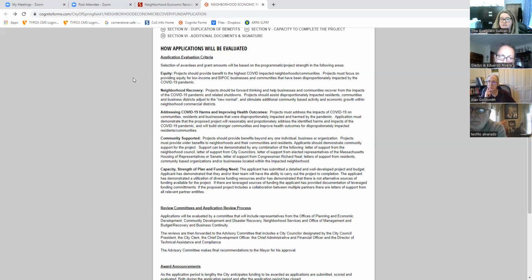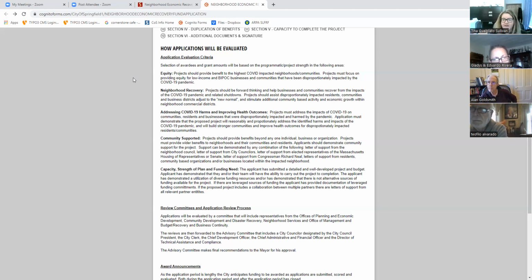That could be you obtain a letter of support from the neighborhood council, you obtain a letter of support from a city councilor, you obtain a letter of support from any of the elected representatives from the Massachusetts House or the Senate, a letter from Congressman Neal, or letters of support from residents, community-based organizations, and or businesses within the impacted neighborhood.